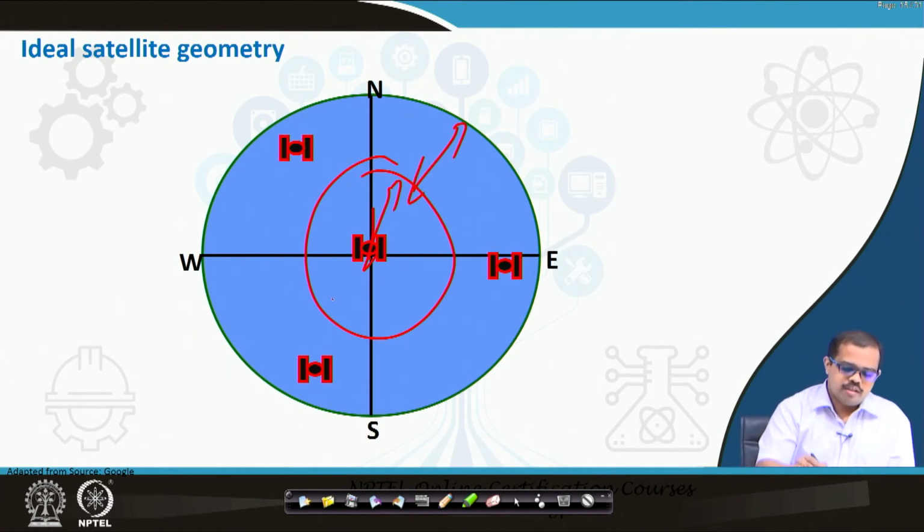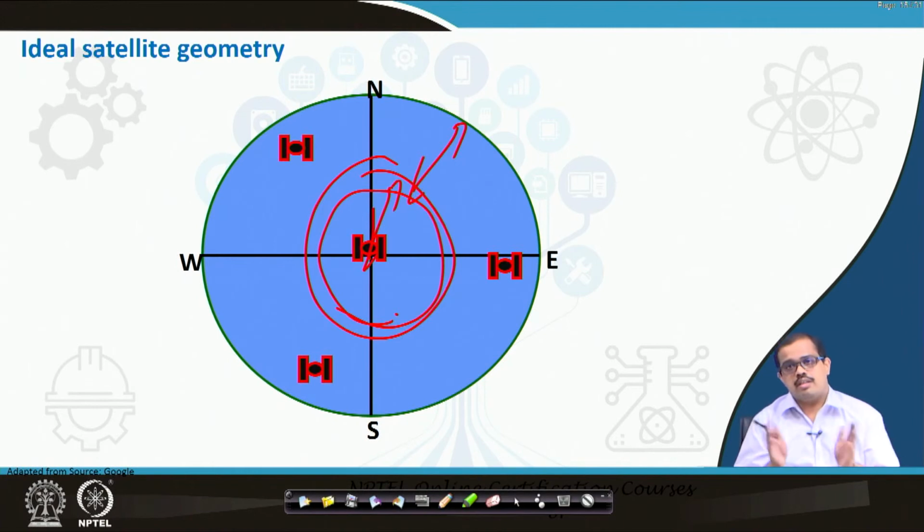At least some satellites in the inner circle and many satellites in the outer circle is extremely necessary, and most of the satellite signals should not crisscross each other.